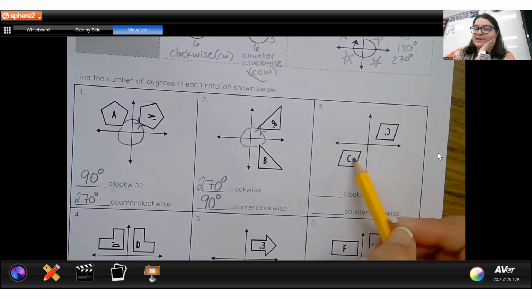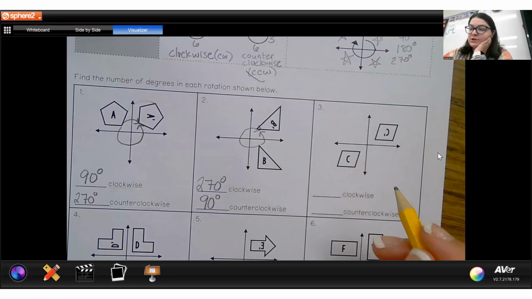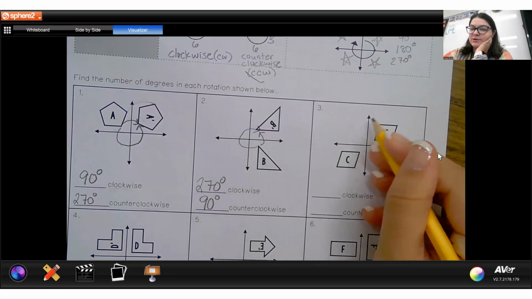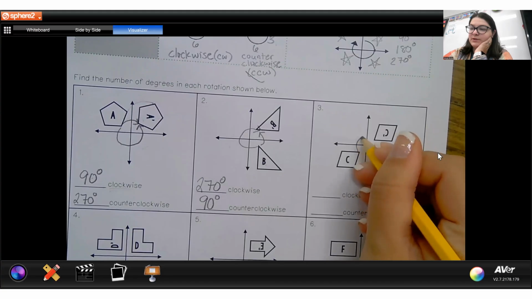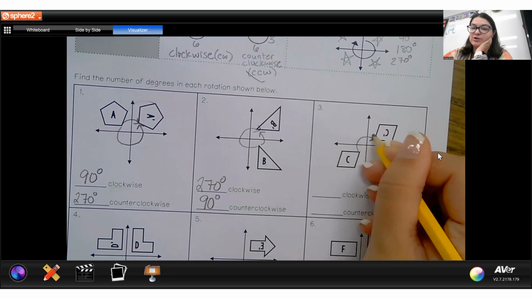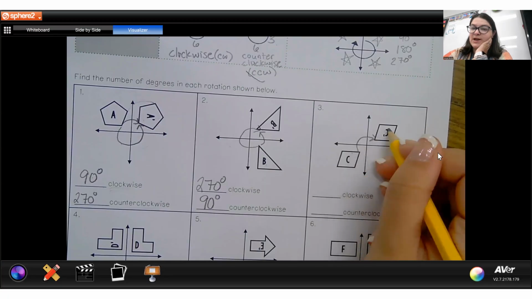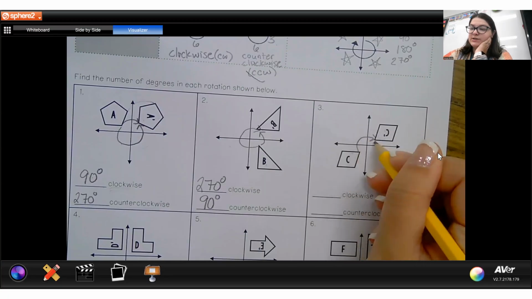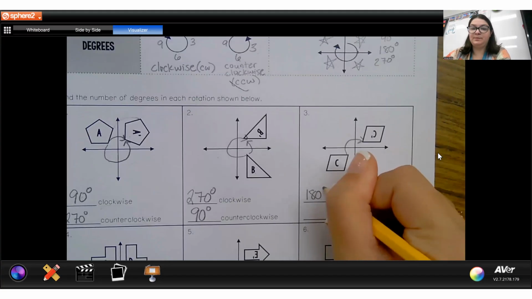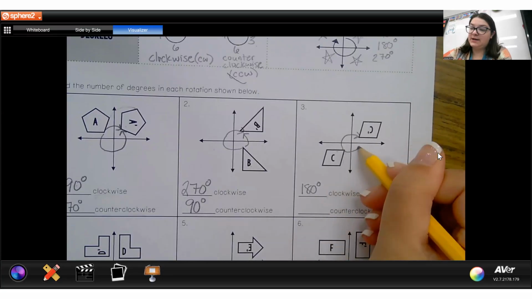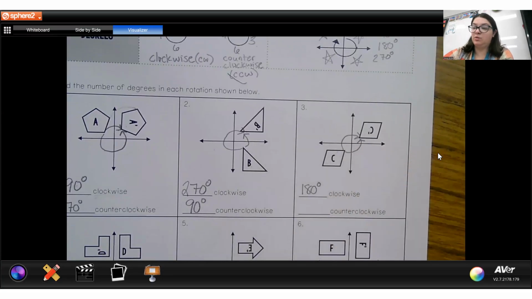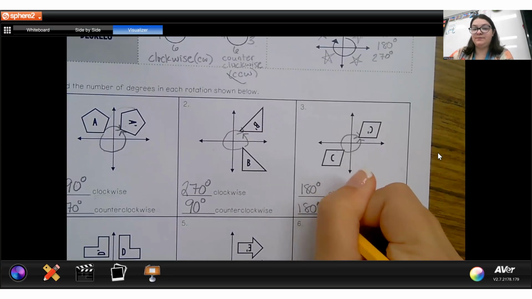Okay, C and C prime. If I'm going clockwise, go in the direction of a clock. Going from this point to this point, notice it's in the quadrant diagonal from it, so that is 180 degrees. And if I go counterclockwise, it's also 180 degrees.